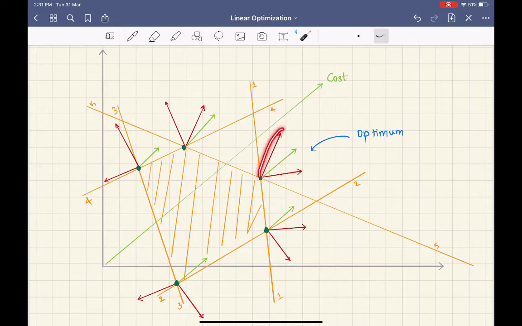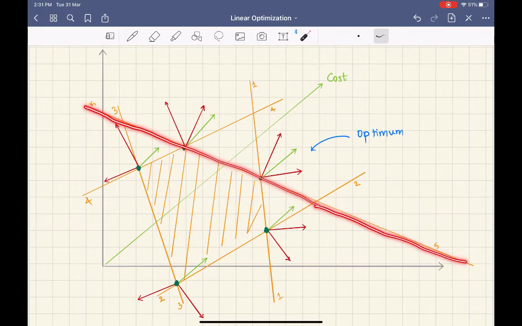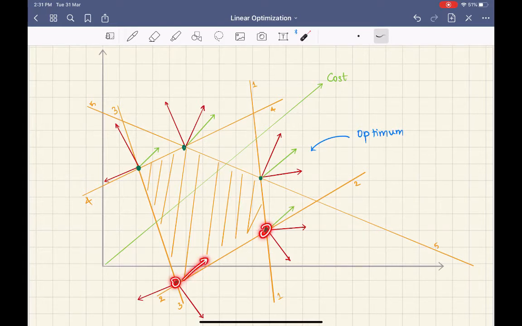By the way, recall that this normal is nothing but the vector corresponding to the coefficients of the defining hyperplane. Okay, now you can also verify here and here the cost is not a non-negative combination of the normals.